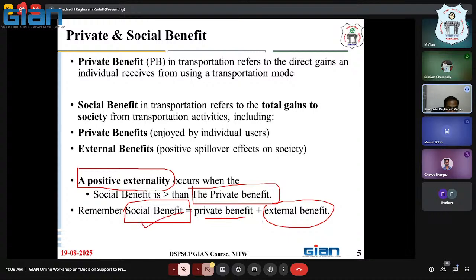But at what point of time are the social benefits equal to the private benefits? Can somebody point out on that, or throw some light on that? Is there any chance that there is an equal value, that the social benefits are equal to your private benefits?